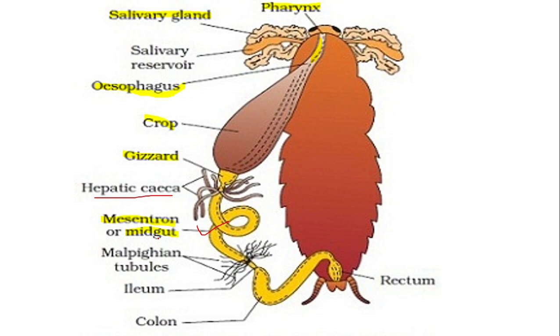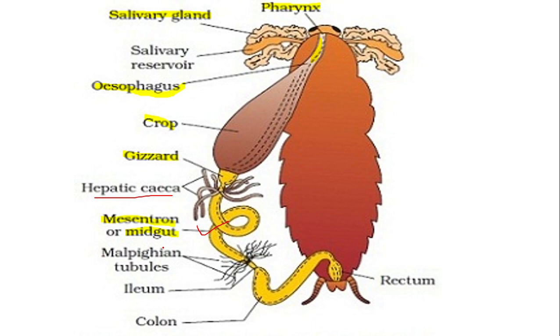These 6 pairs of hepatic caeca associated with the midgut, or stomach, secrete different digestive enzymes into the stomach. Those enzymes can include invertase, amylase, tryptase, maltase and lipase.